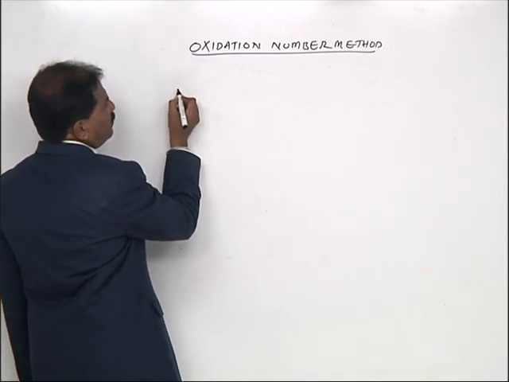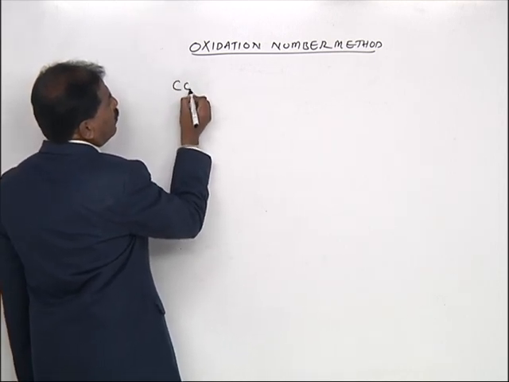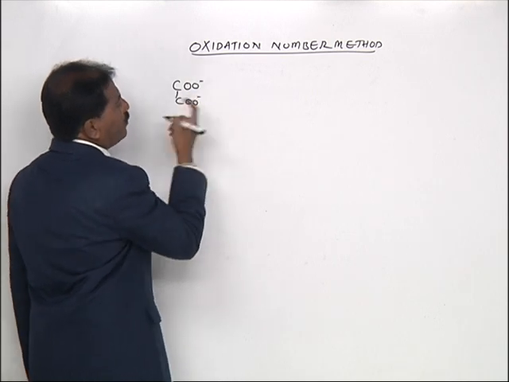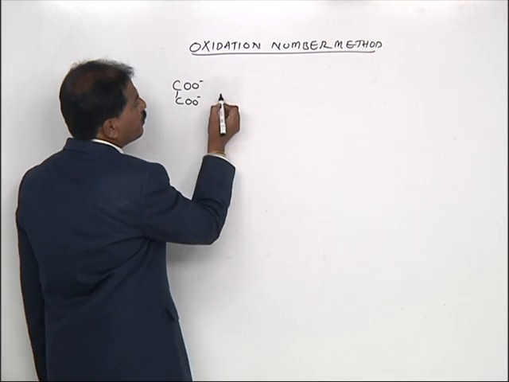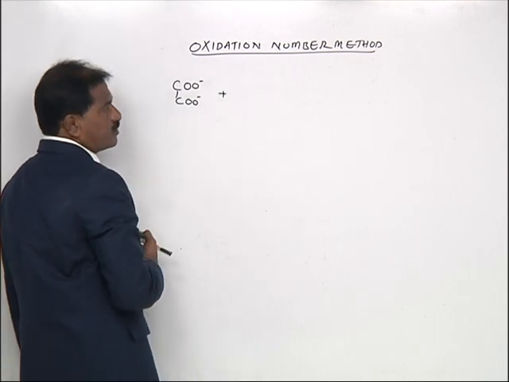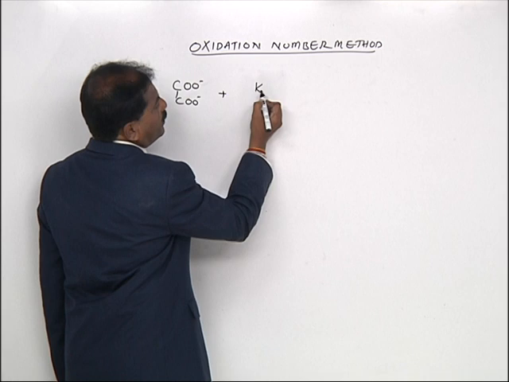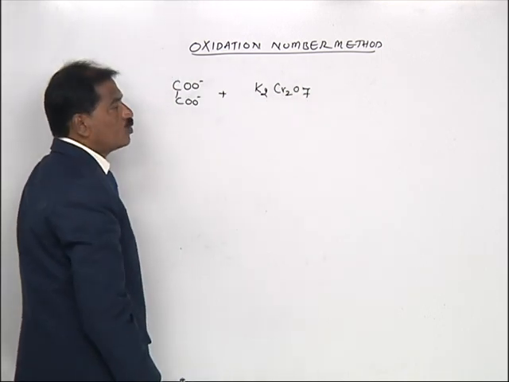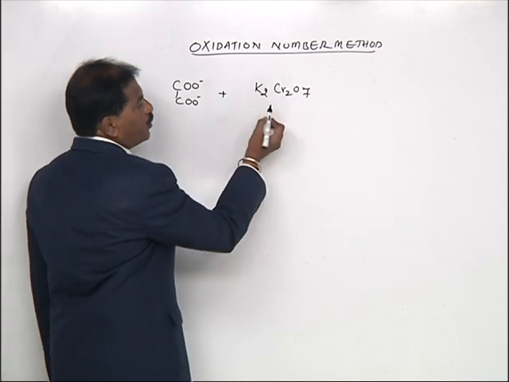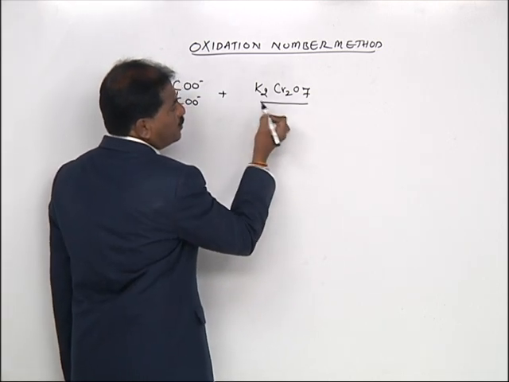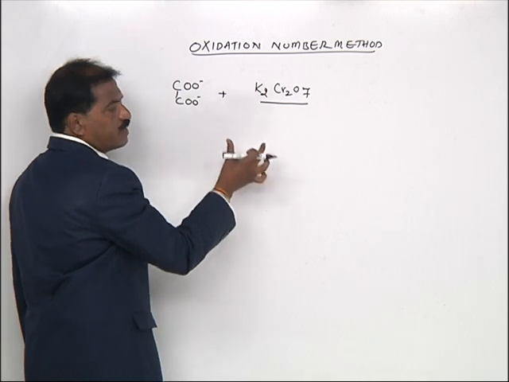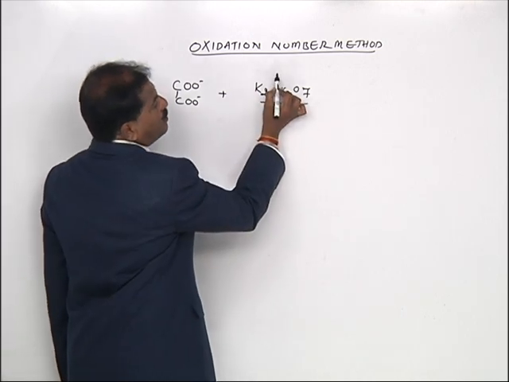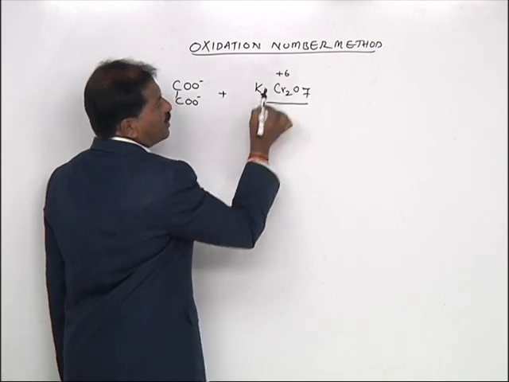So, let us take oxalate. This is oxalate. Next, let us take potassium dichromate. This potassium dichromate will always act as the oxidizing agent, because the oxidation state of the central atom, that is chromium, is +6.